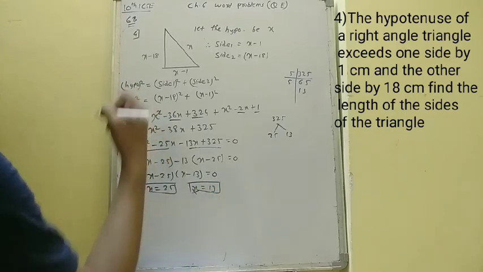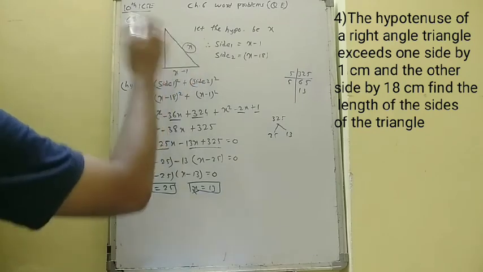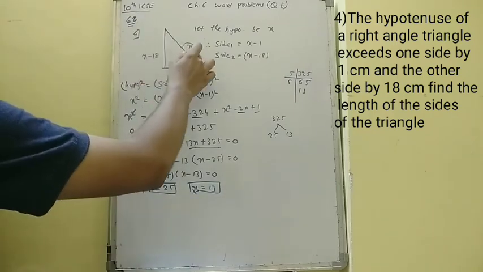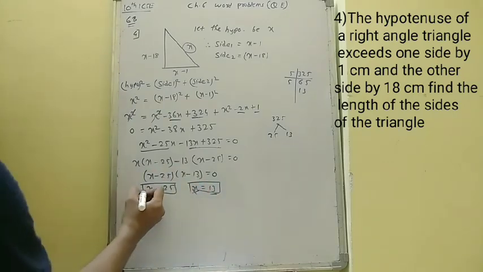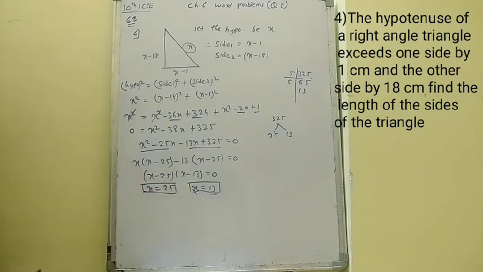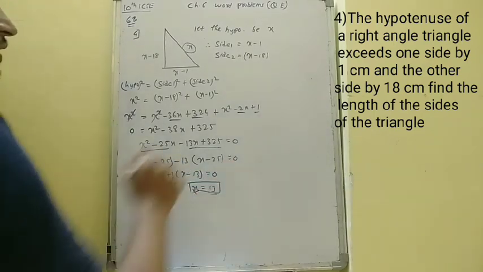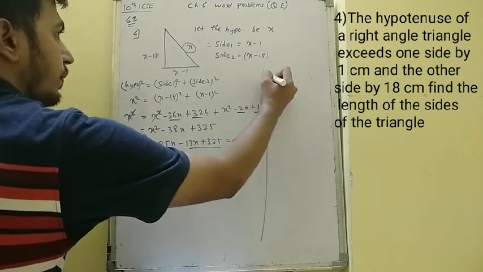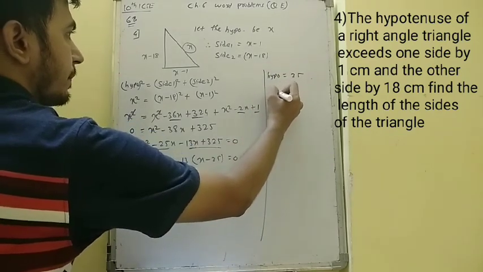Okay, now I will discard 13 because it is said that this hypotenuse is greater than 18. Okay, 18 से बड़ा है, so how can it be less than 18? So this is not possible. So the value of x is 25. Okay, so we'll just find all the sides. Therefore, hypotenuse is 25.